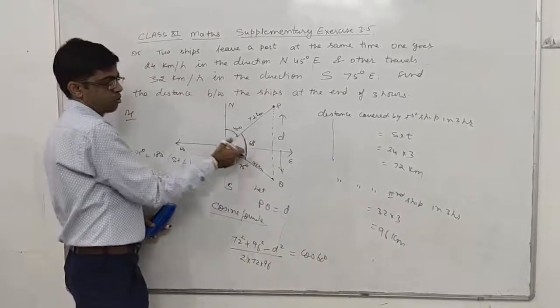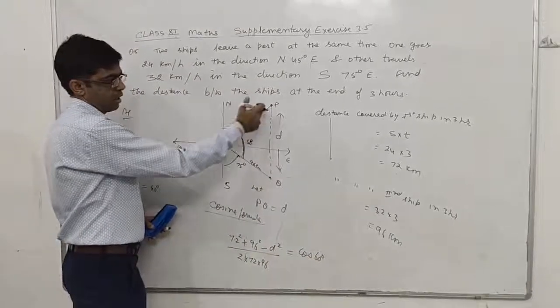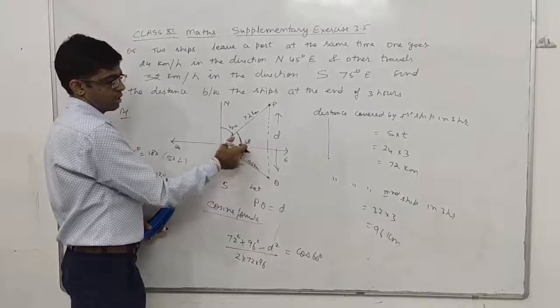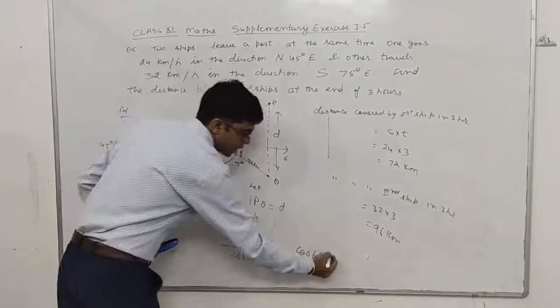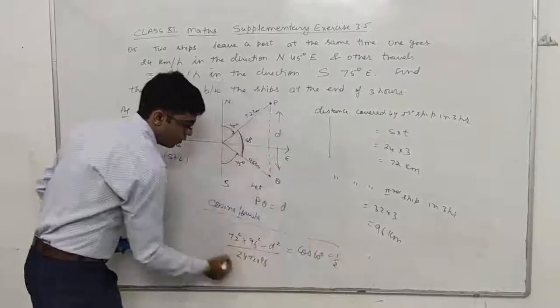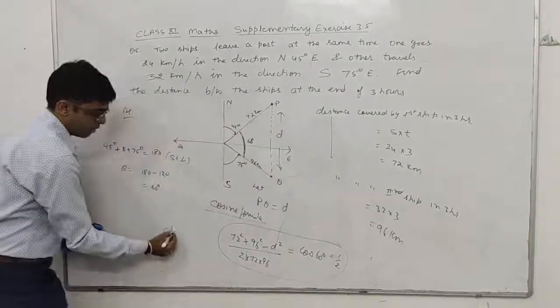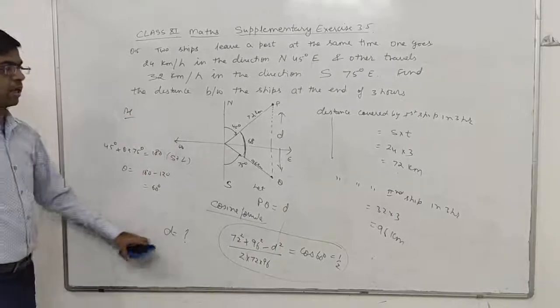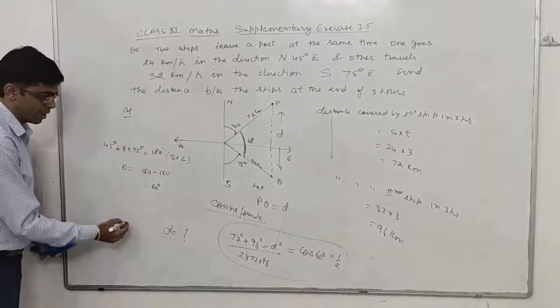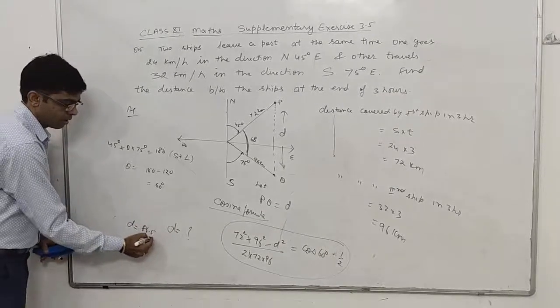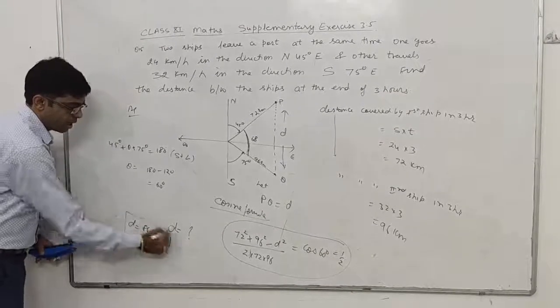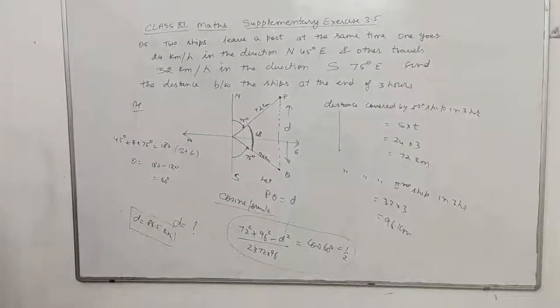The angle between these two lines in this triangle is 60 degree. Cos 60 degree, the value is half. On solving this, we will get the answer D in kilometers, and it is coming about 86.5 approximate kilometers. This should be the answer on solving this.